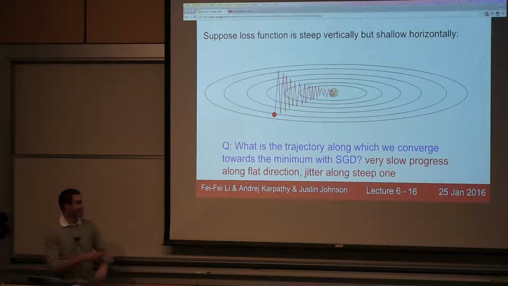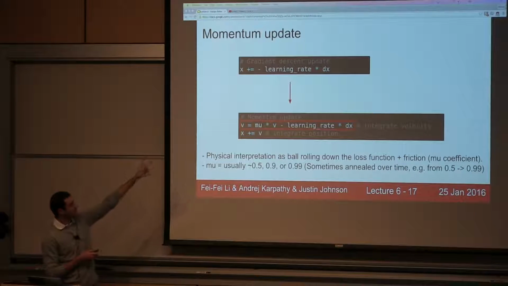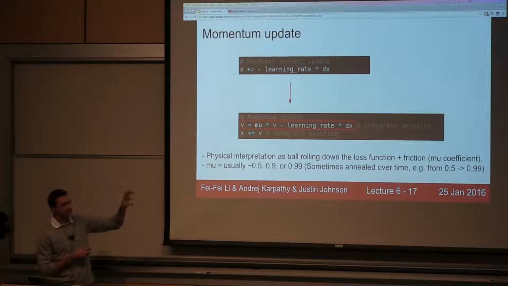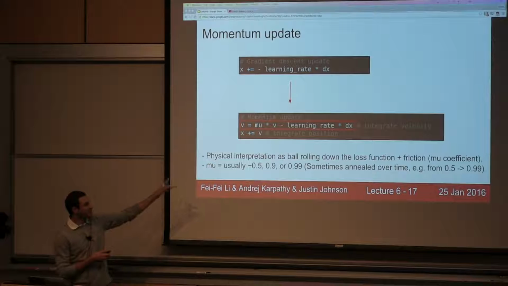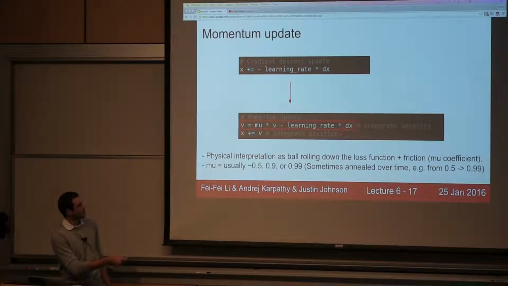One way of remedying this situation is what we call a momentum update. The momentum update will change our update in the following way. Right now, we're just taking the gradient and incrementing our current position by that gradient. In the momentum update, instead of integrating the position directly, we're going to increment this variable v, which I call v for velocity, and we'll see why in a bit.